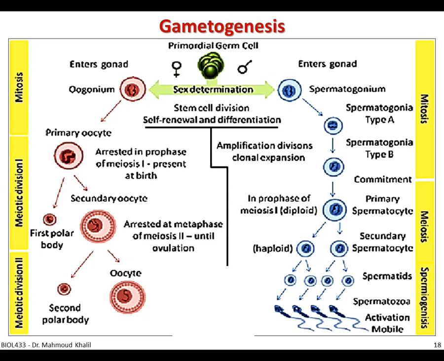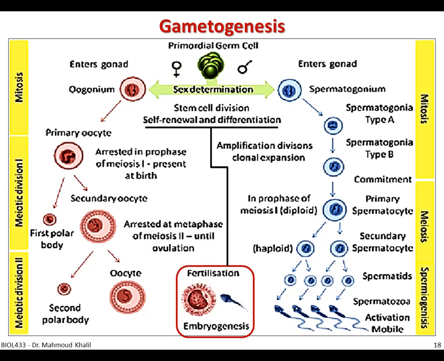And this functional sperm is mobile, which is different from the oocyte, because the oocyte is sessile and cannot move. Upon fertilization, the sperm fuses with the ovum to form a zygote that will undergo a process of embryogenesis to form the embryo.